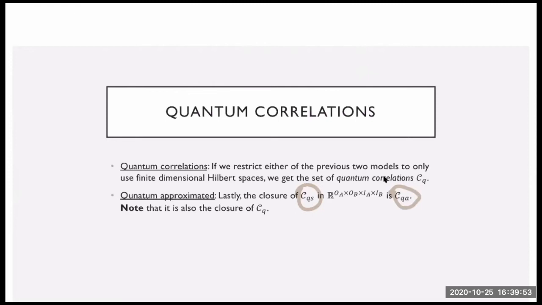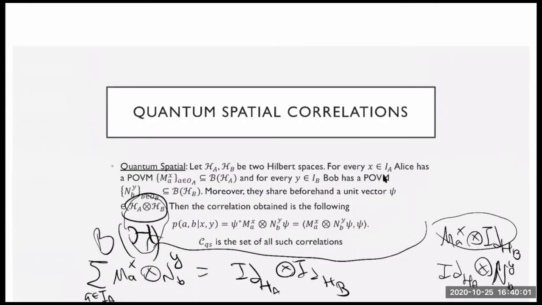The only thing I want to say about this point is that any correlation in the quantum spatial case lives inside the closure of the quantum correlations. So any correlation that comes from the tensor product model with infinite dimensional Hilbert spaces can be approximated using finite dimensional Hilbert spaces.